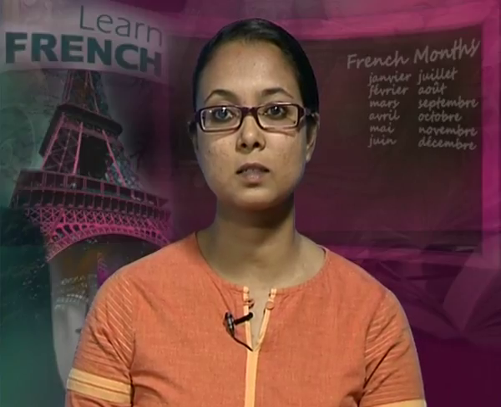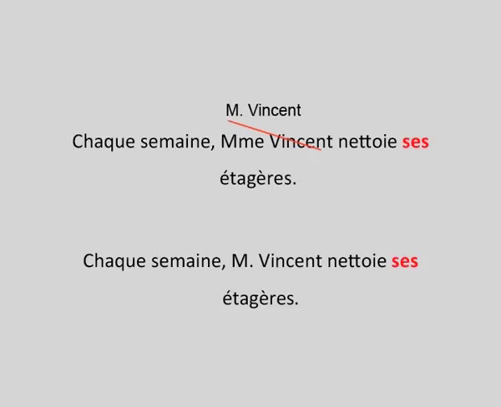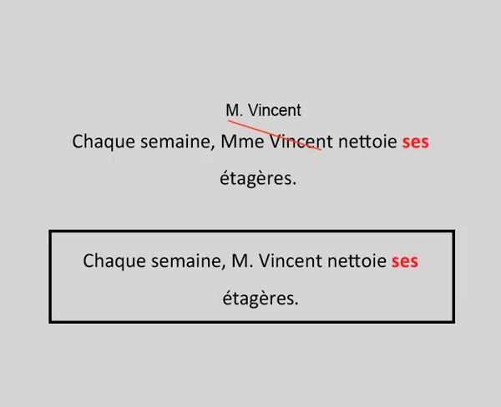Possessive adjectives in French have only one plural form. So irrespective of the gender of the modified noun, this plural form always precedes the plural noun. Madame Vincent can be replaced with Monsieur Vincent and it would not alter the possessive adjective. Chaque semaine, Monsieur Vincent nettoie ses étagères.